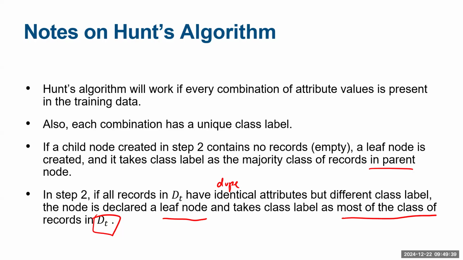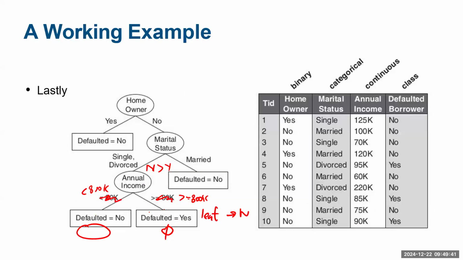For example, if I split everything already, and at the end I have like 40 yes and then 40 no. They just happen to be equal. So if I come up with this situation, it's going to be hard for me to pick whether I will answer yes or no because they have the same number.